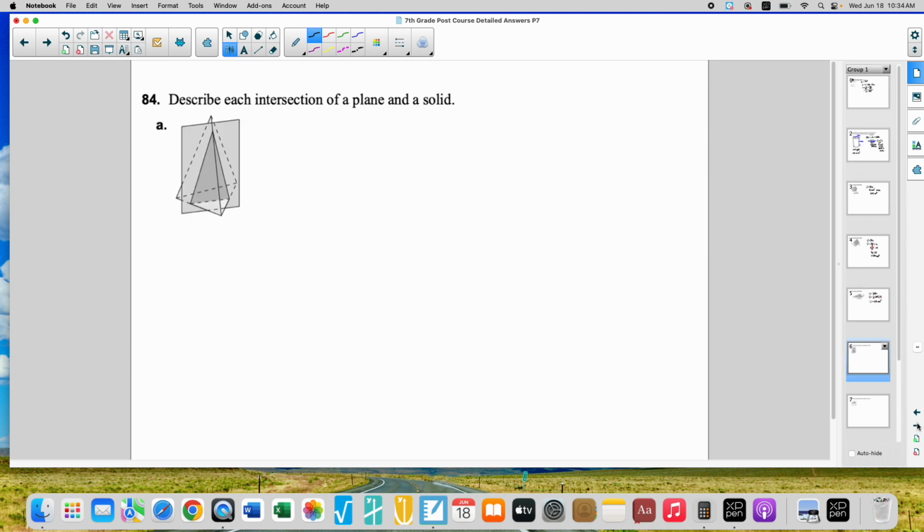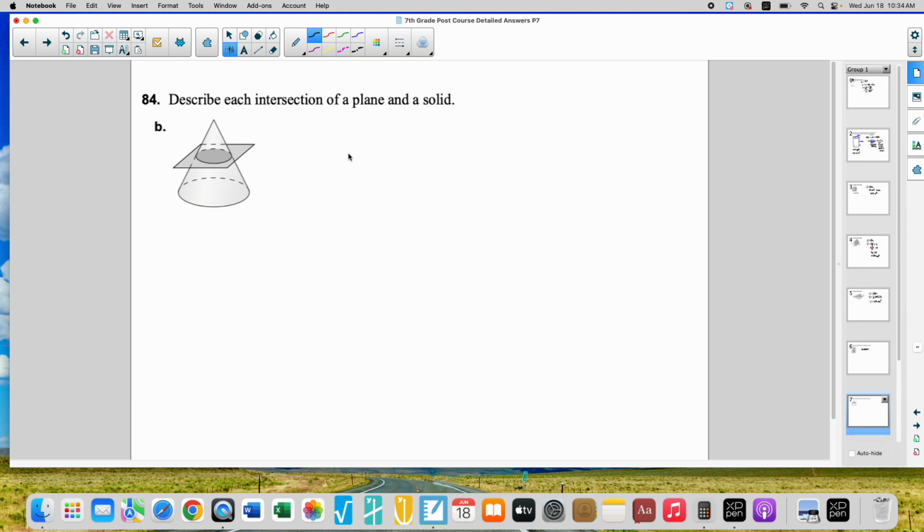Describe each intersection of a plane and a solid. The intersection of this creates a triangle. Well, it would be a triangle. That intersection is a triangle.